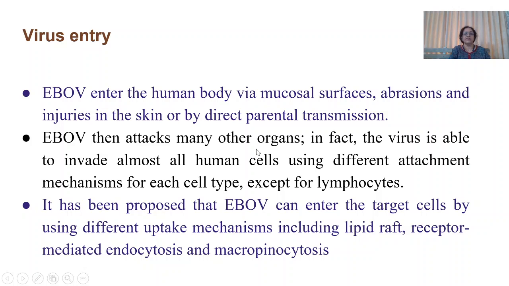In fact, the virus is able to invade almost all human cells using different attachment mechanisms for each cell type, except for lymphocytes. This is a very unique type of pathogenesis. It has been proposed that Ebola viruses can enter the target cells by using different uptake mechanisms.